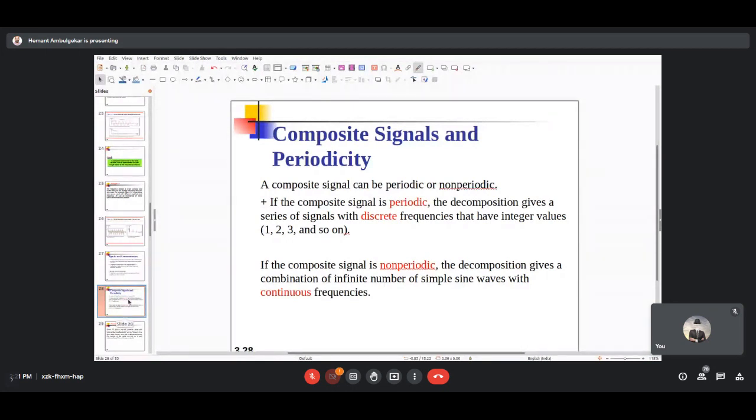And if the composite signal is non-periodic, then remember, the decomposition gives us a combination of an infinite number of simple sine waves with continuous frequencies.